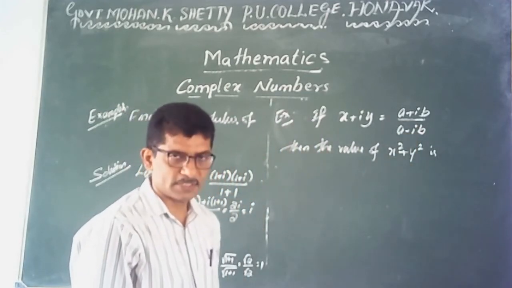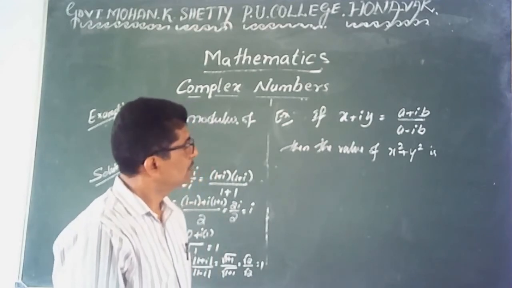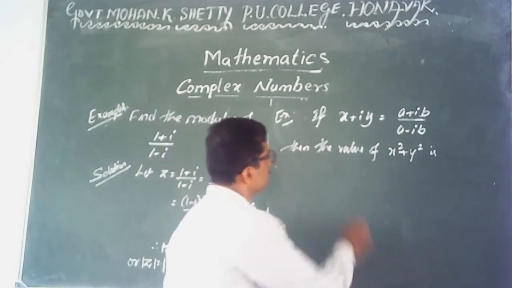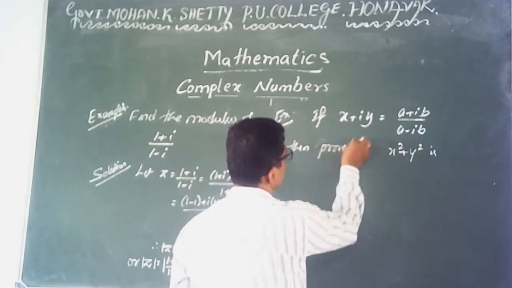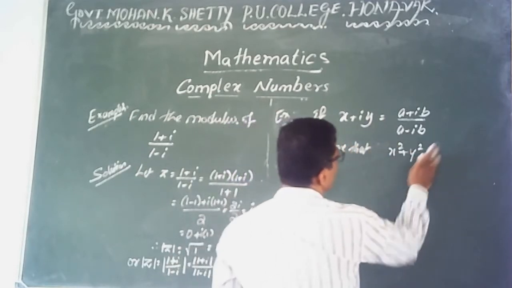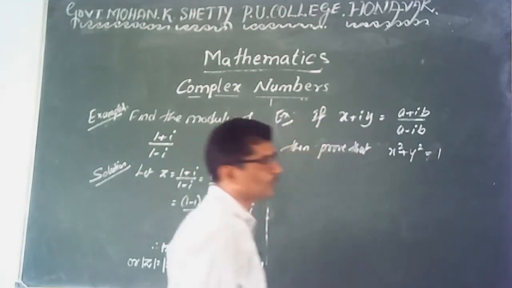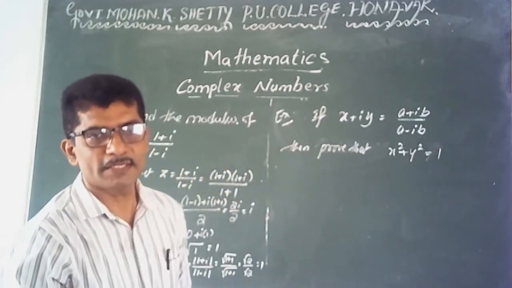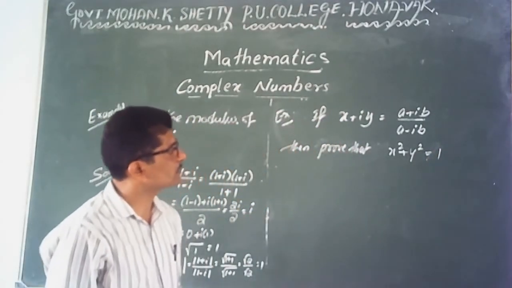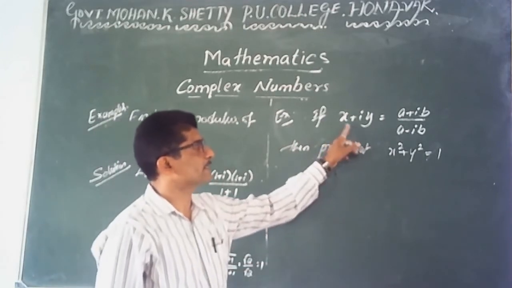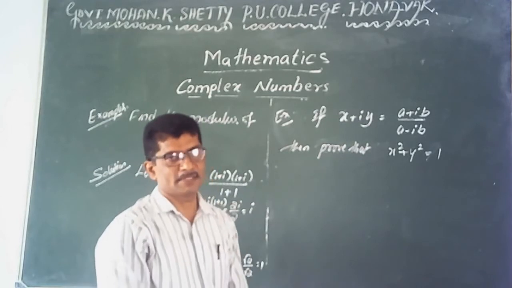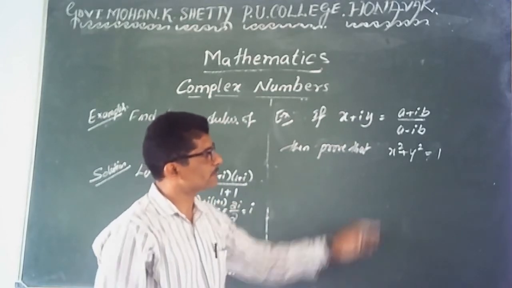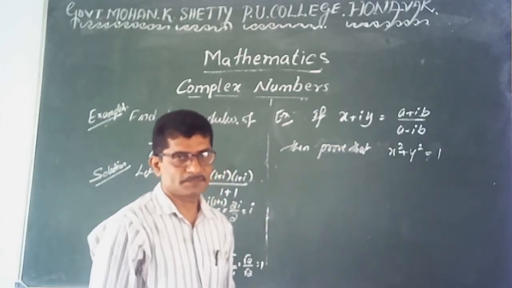Competitive exam question, asked one time, but in annual exams: then prove that a square plus b square is equal to 1. If x plus iy is equal to a plus ib divided by a minus ib, then to prove that x square plus y square is equal to 1.